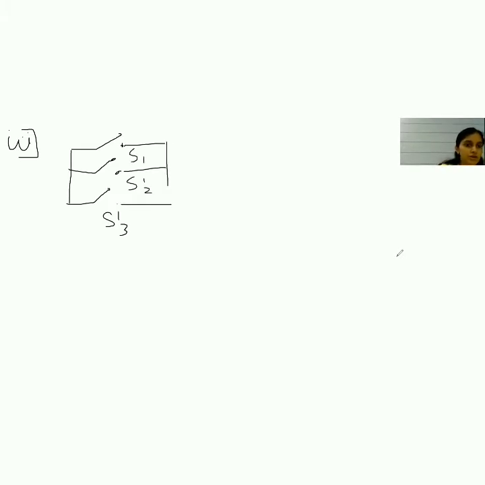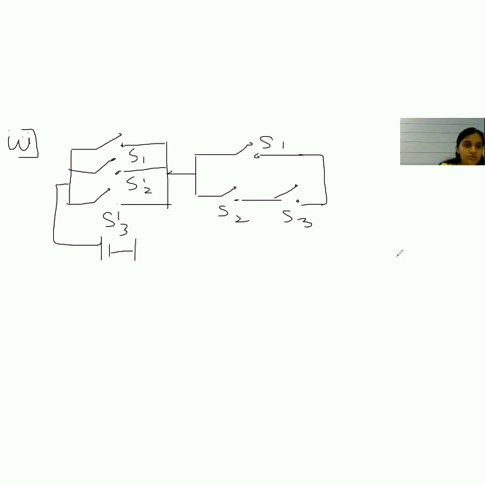All these are in parallel. Then they are in series with another parallel combination of switches, that is S1, and S2, S3 in series. Yes, so this is your circuit.